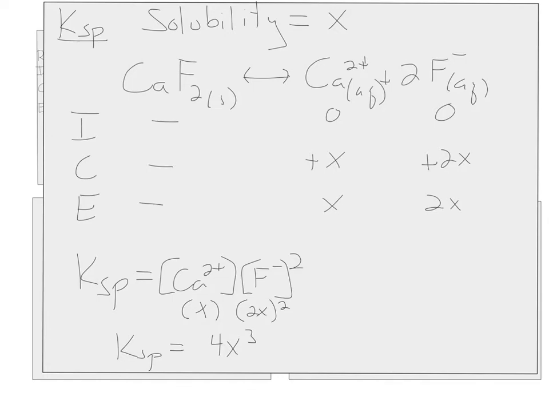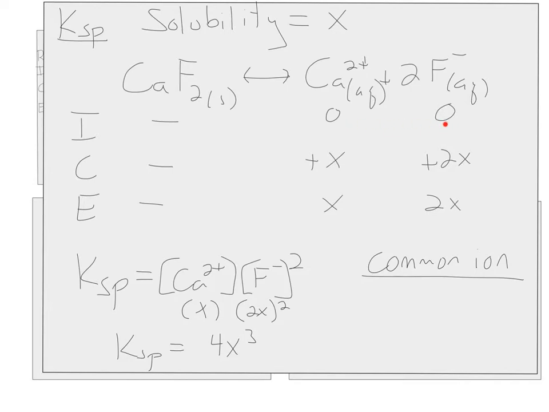Within that world, we also have common ions, where the solubility changes if you have a starting amount of something else. So this 0 and 0 for calcium fluoride, they don't have to be 0.